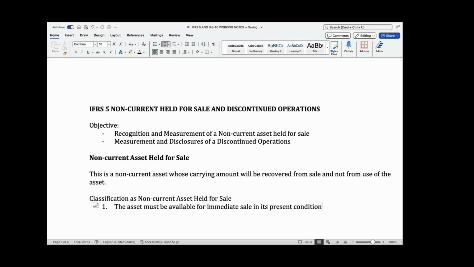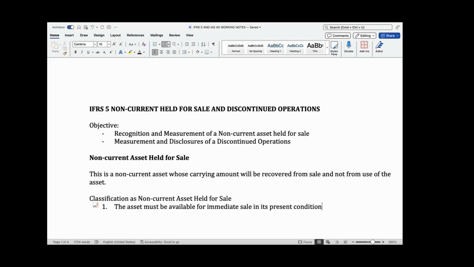This first condition is very apt and straightforward in the sense that you must be ready to sell the asset immediately without any upgrade, adjustments, or any further work required on the asset. You must be able to release the asset immediately.